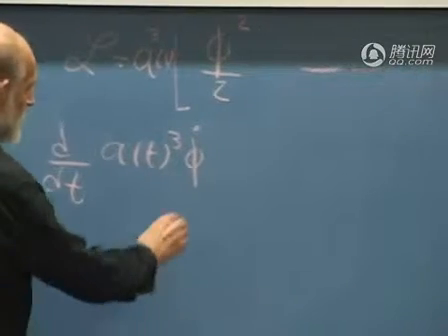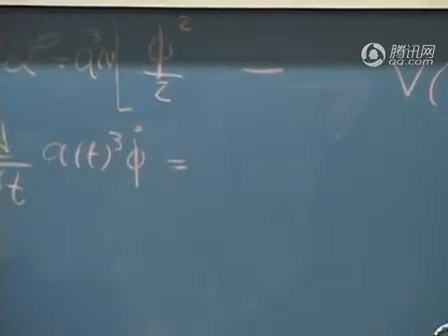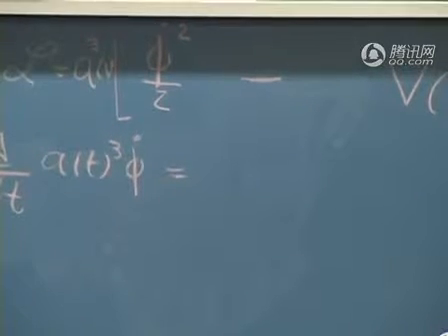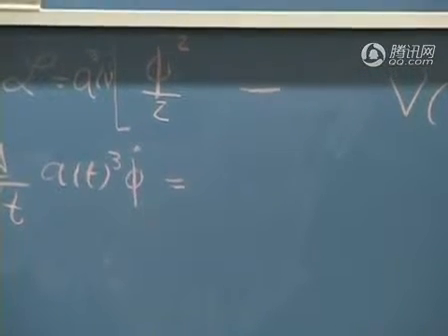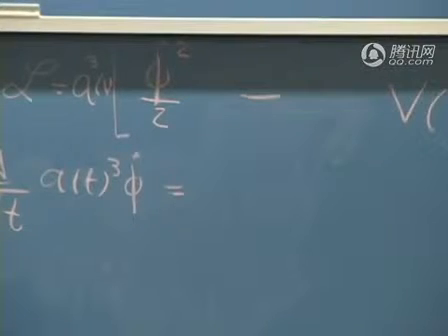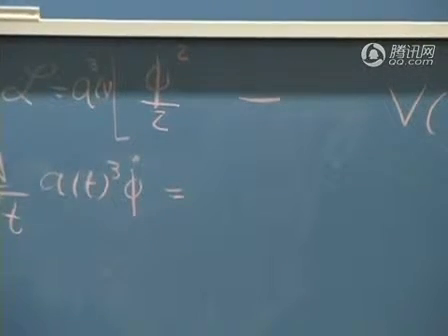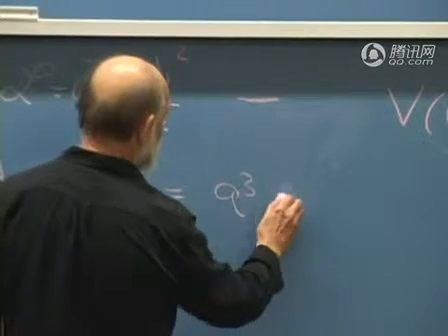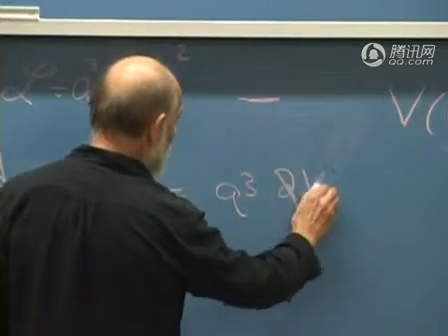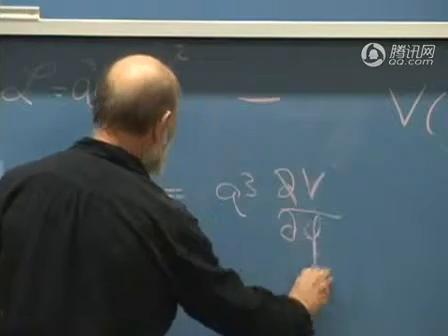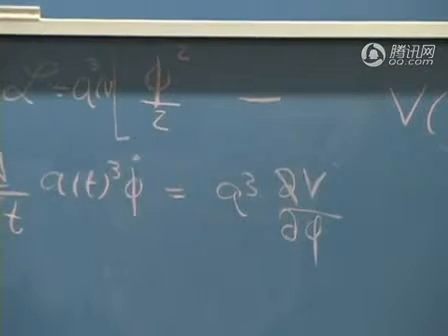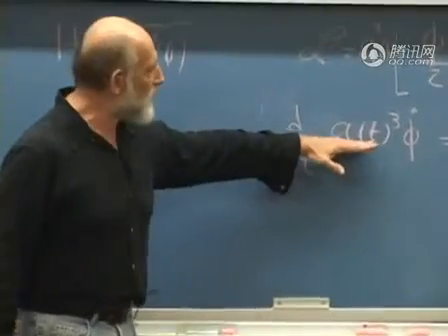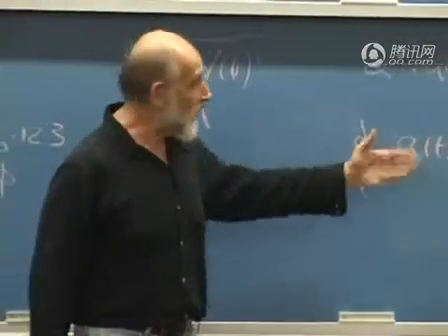Anybody remember? dV d phi, like a force, like dV dx, except there's the a cubed here. A cubed dV d phi. dV d phi is the slope, and it's the force term which creates what would be an ordinary acceleration if a was constant with time.